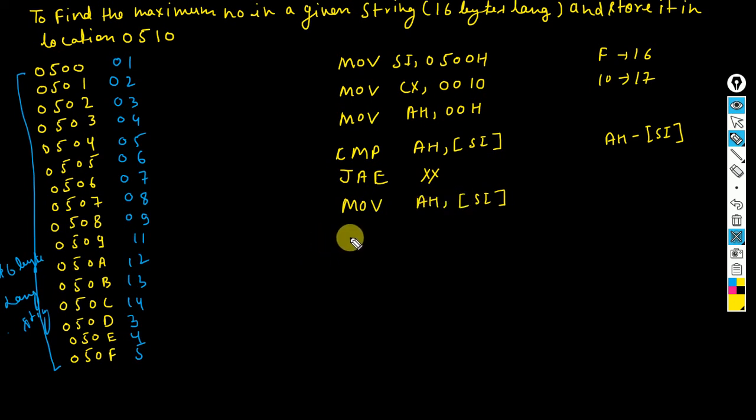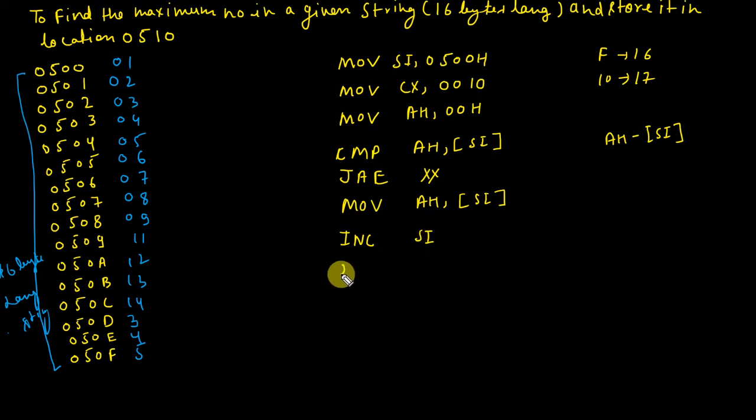Next instruction is INC SI. INC SI means we increase the source index address by 1.